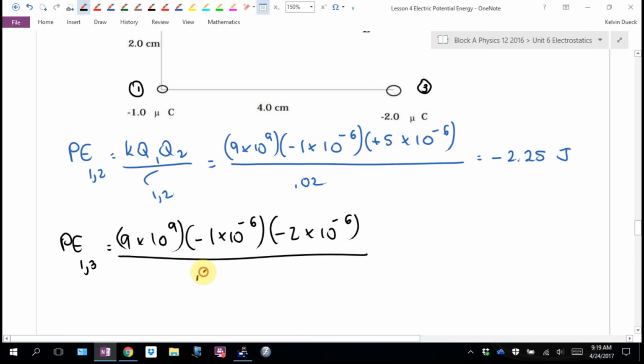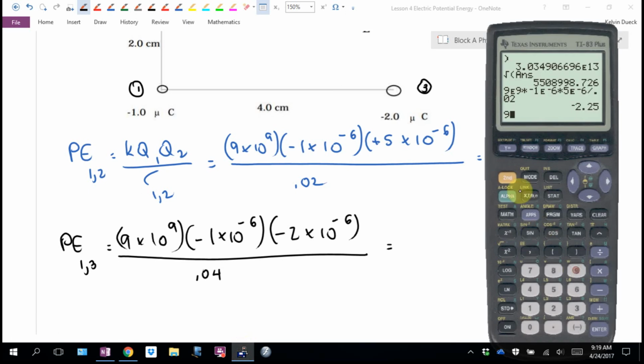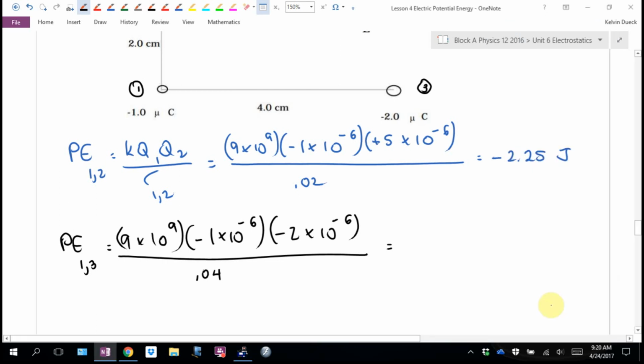Divided by 0.04. Oh, wait a minute, Mr. Dewitt. Be clever. Just backspace and edit. Ha-ha. So it's going to be negative 2 and divided by 0.04. Do you get positive 0.45?